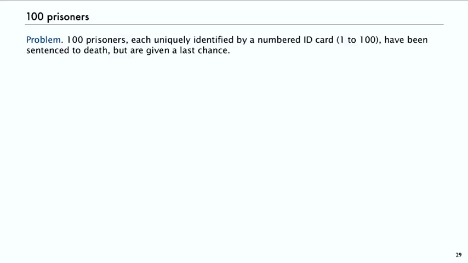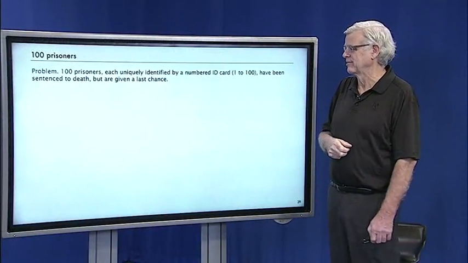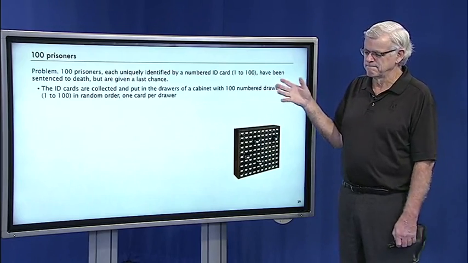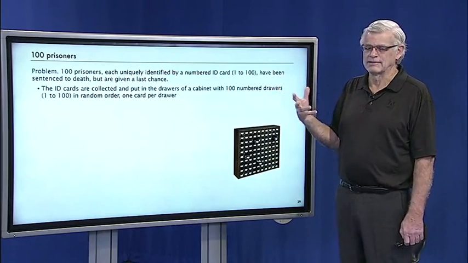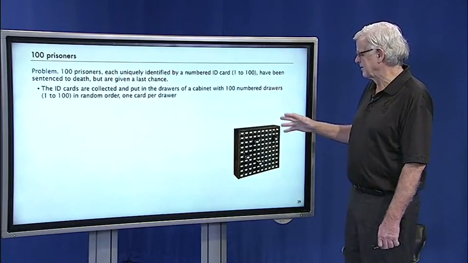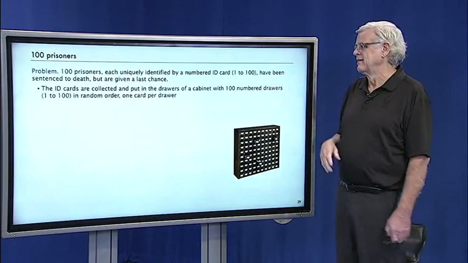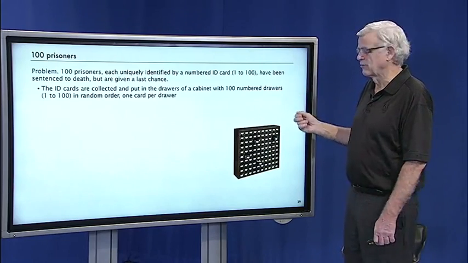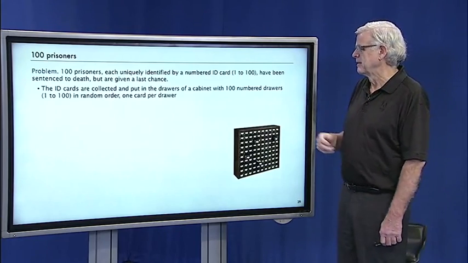Now they've been sentenced to death because they're on the wrong side of a civil war or whatever, but they're given a last chance. The ID cards are all collected in a cabinet that has 100 numbered drawers. Cards are collected and shuffled, put in random order, and then put in the drawers, one card per drawer.